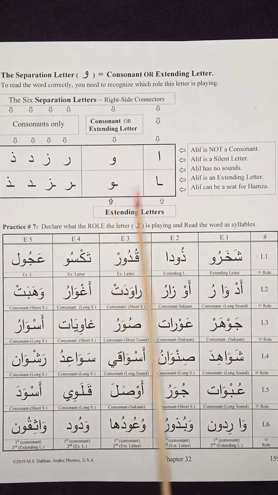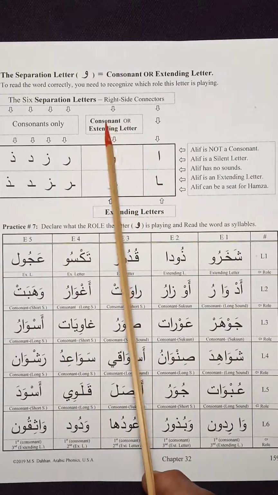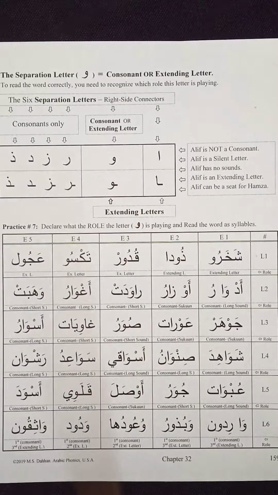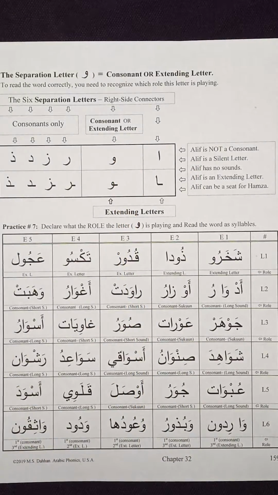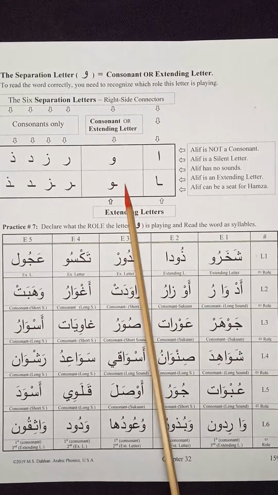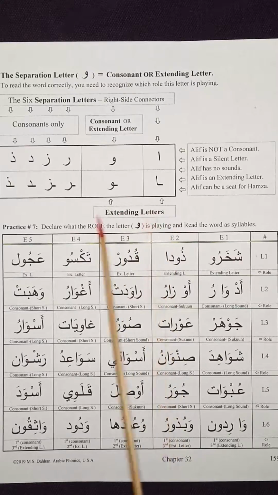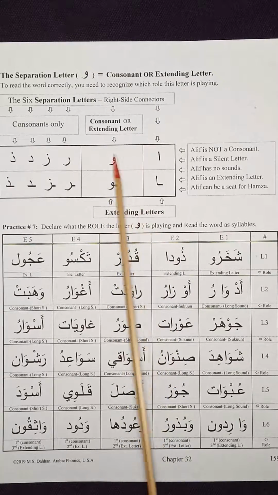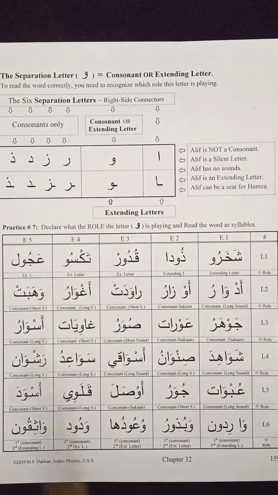We need to talk about this letter here, this extending letter. It can be a consonant. You've seen it in phase one as an extending letter, and at the end you saw this as a consonant. Both these are extending letters, and you saw this one in particular as a consonant and extending letter. I'm repeating myself. All right, let's dive in.